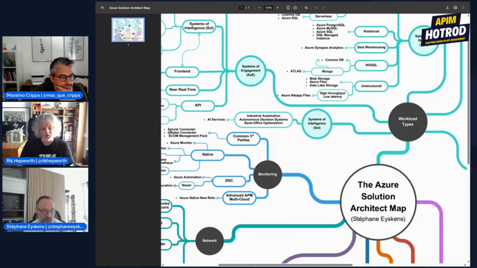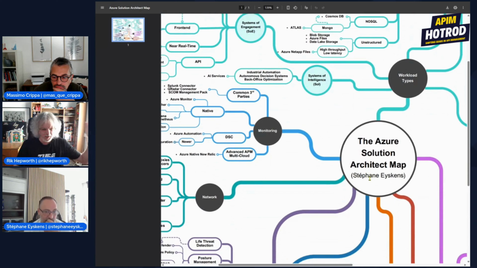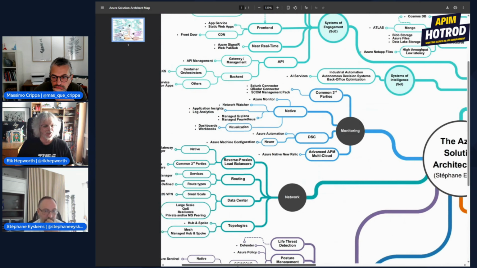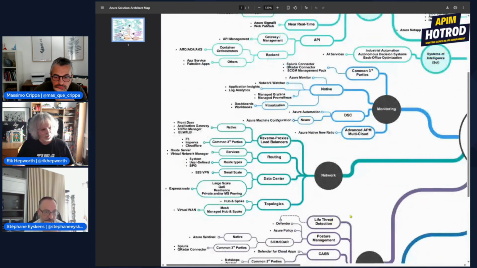Like, what have we got in terms of the constraints and regulations of the industry that we're in, or maybe the security constraints? Because Stephane's map there is absolutely amazing, right? But if the organization says, well, everything has to be inside a virtual network, whatever the constraints are that we've got, then we might need to start crossing some of those services off.